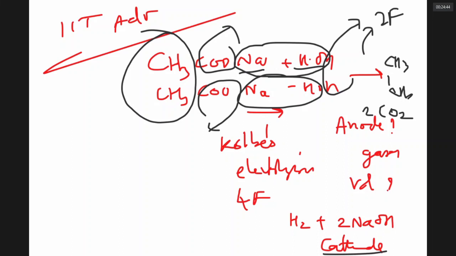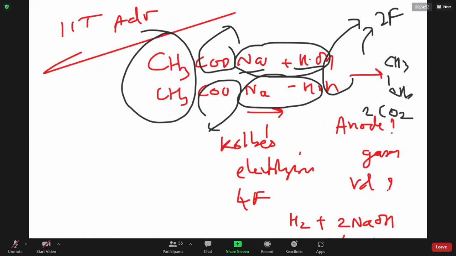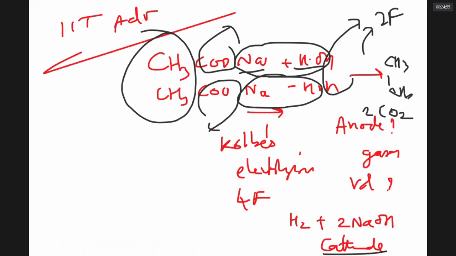Here CH3COO- 2 moles are reacting, therefore there are 2 Na+. Sir, how do you know that 2 moles are reacting? Whenever a sodium salt of a carboxylic acid is undergoing electrolysis, you always get H2 as a product. H2 is possible only when 2 moles react.